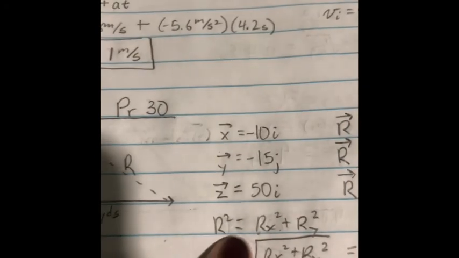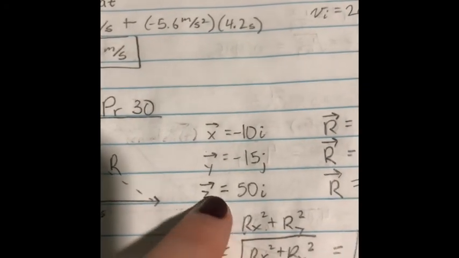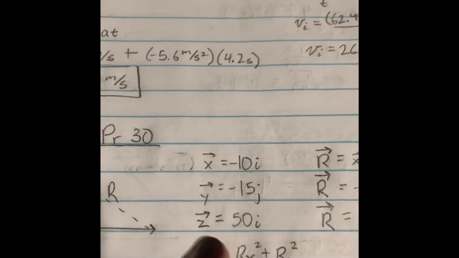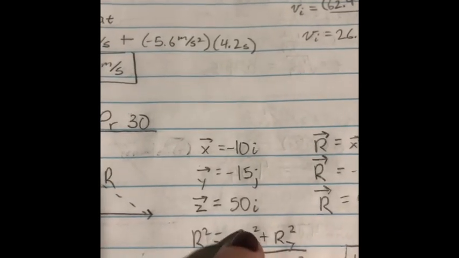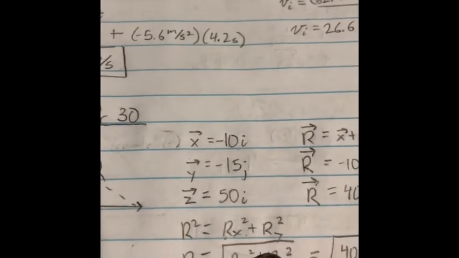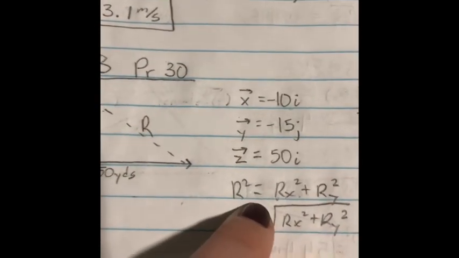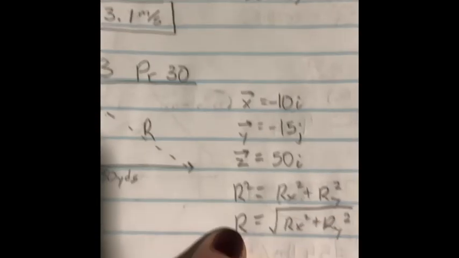So I write them in notation of the resultant total. Since it is a right triangle, use the Pythagorean theorem, r squared equals rx squared plus ry squared. And then this would be like rz, but it's just the whole resultant in total.